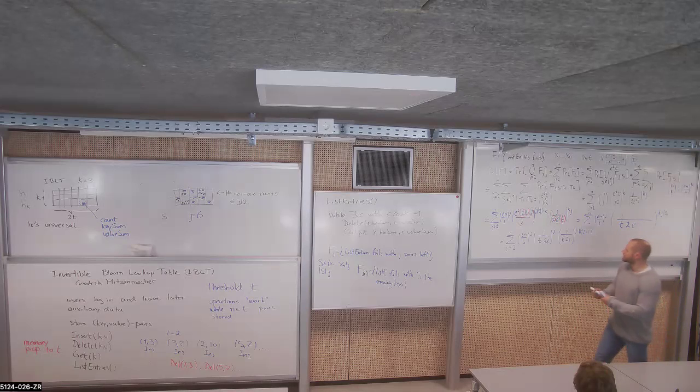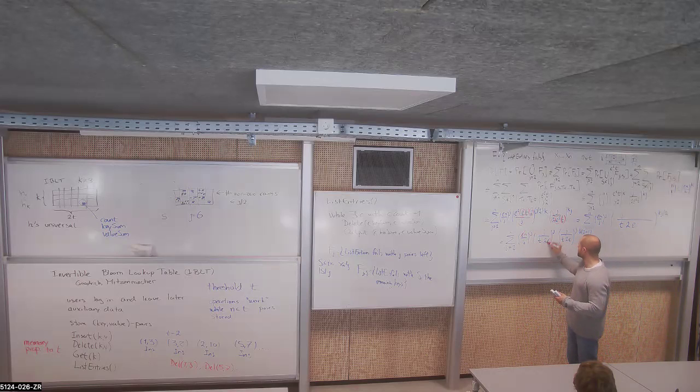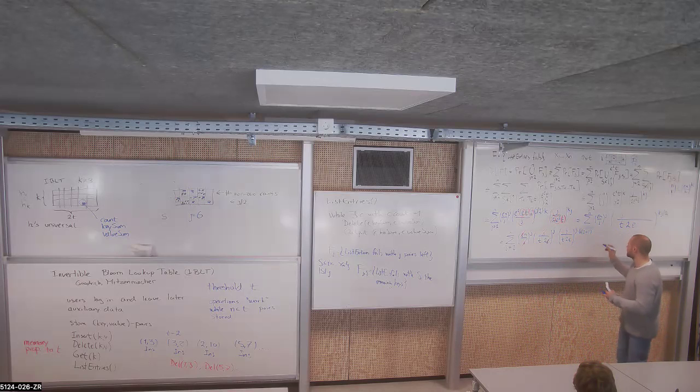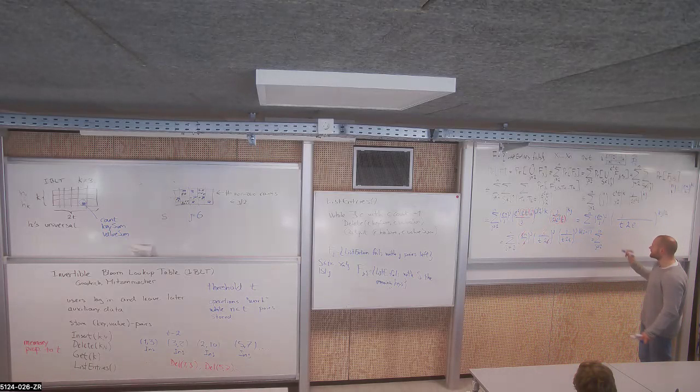Because now these two work nicely together. This one cancels that one. This one cancels that one. And this is another reason why the e squared was a nice choice. So then we get (n over 2t) to the j.